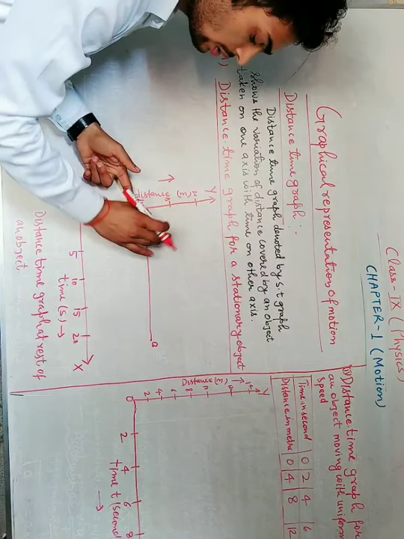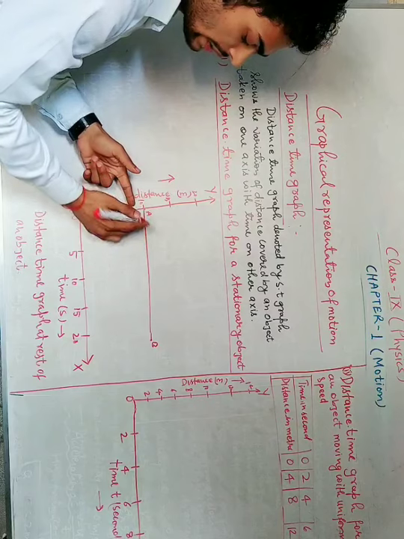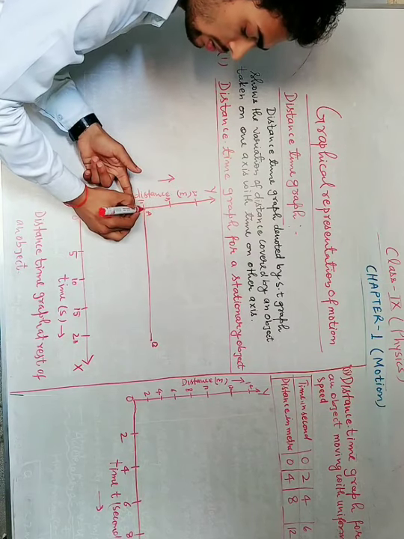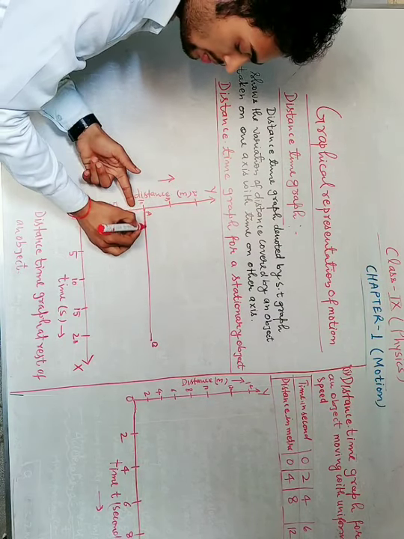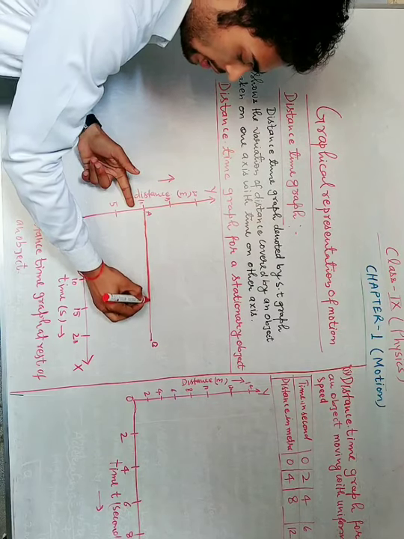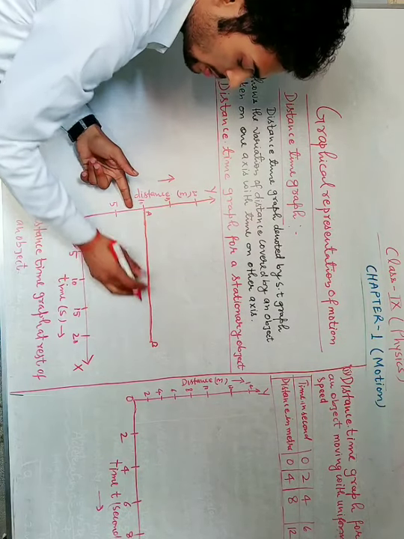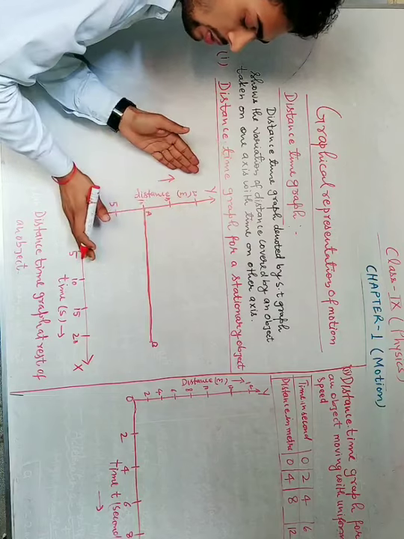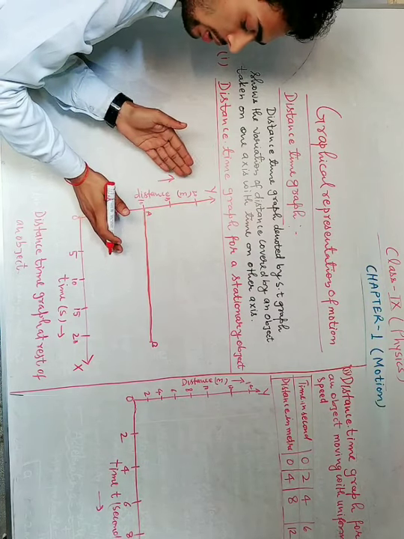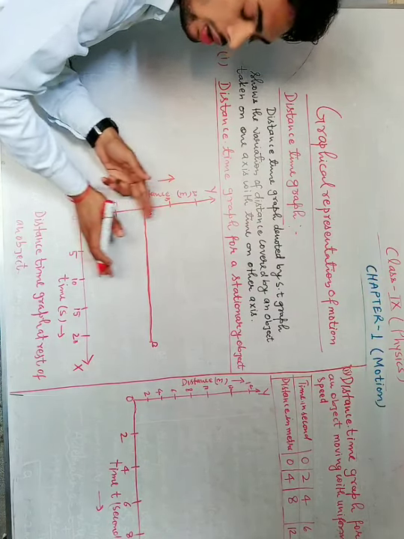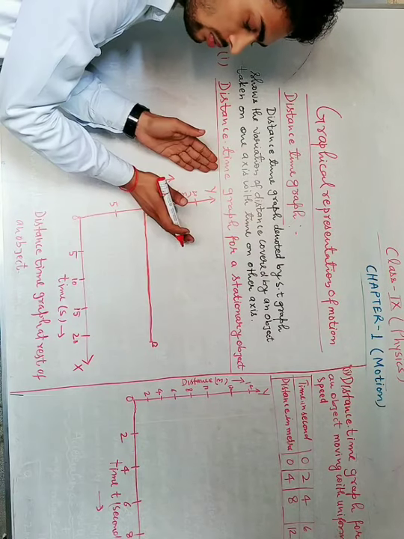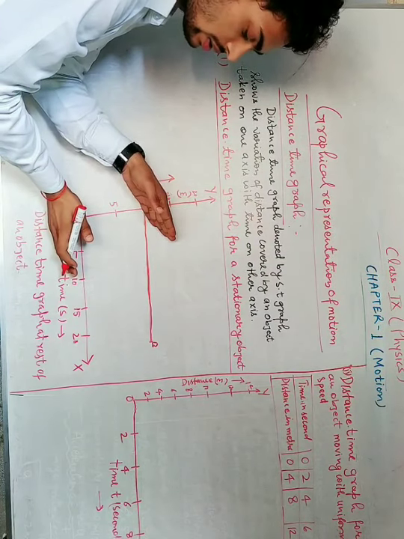Then time is increasing but distance stays constant. So the distance time graph at rest is a line parallel to the x-axis.